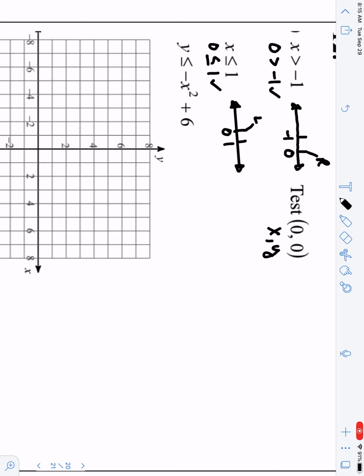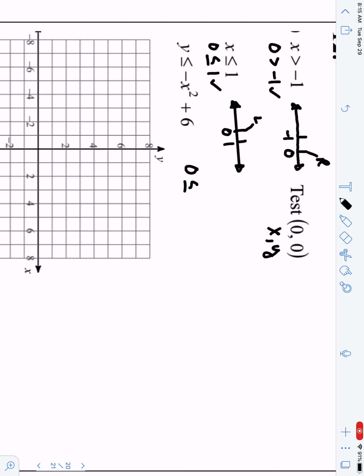Now, you may be wondering why I'm not testing my y values here. The only reason I'm not testing y is because y doesn't have any relationship between this first and second inequality. However, down here, it does. So I have a y value, or y is less than or equal to -x squared plus 6. So 0 is going in for y.